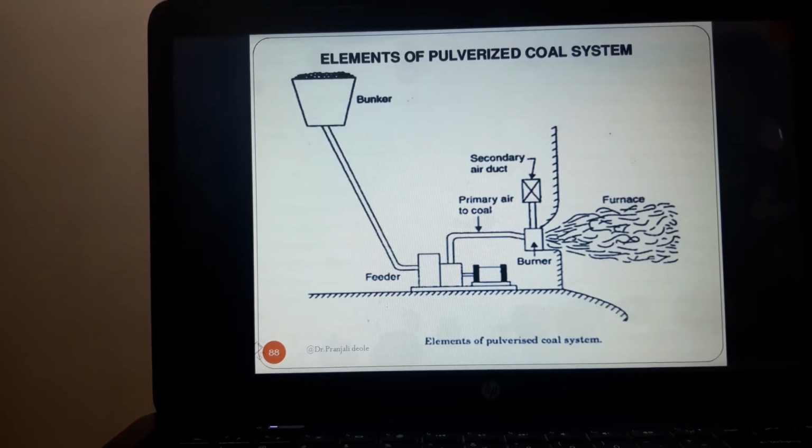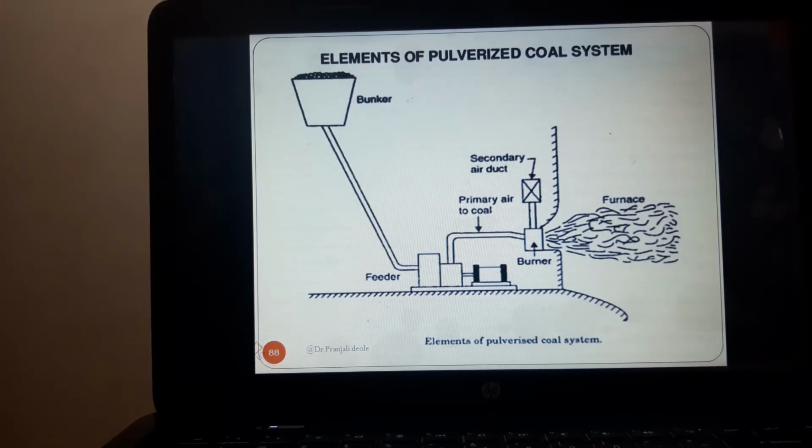Here the amount of air required to complete the combustion, which is also known as secondary air, is supplied separately to the combustion chamber. The resulting turbulence in the combustion chamber helps uniform mixing of the fuel and air, and the combustion is thorough.